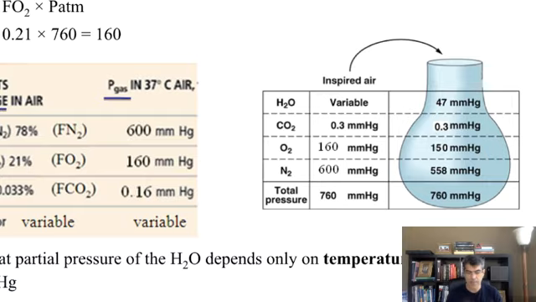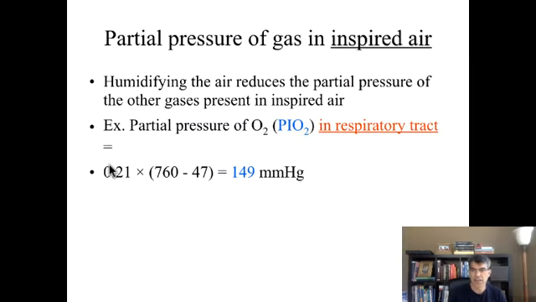Let's take a look at an example. We said 21% of the gas is oxygen. When you breathe this air in, the pressure is 760, but we said 47 belongs to water. So now the total pressure here is not 760 anymore, but is 760 minus 47, because again, if $47 goes to one person, then the rest of this money is going to be divided between other people.